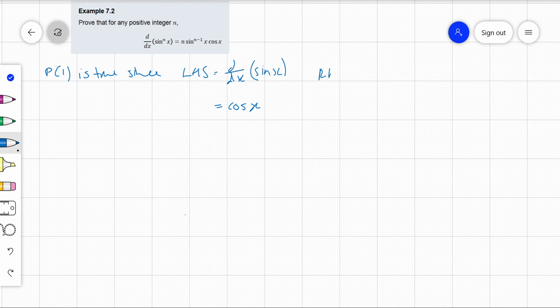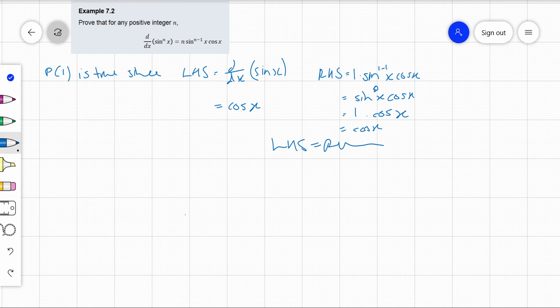If I look at my right-hand side, I've got 1 times sine to the 1 minus 1 x cos x, and we know 1 minus 1 is 0, and anything to the power of 0 is 1, so we also get our cos x. So we've got our left-hand side equaling our right-hand side, so we're all good.